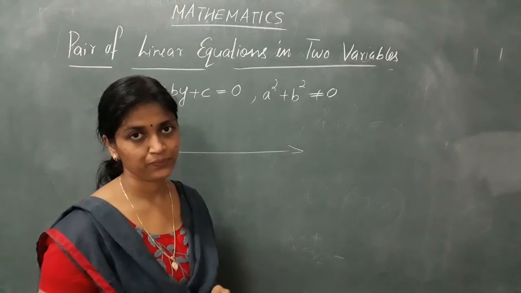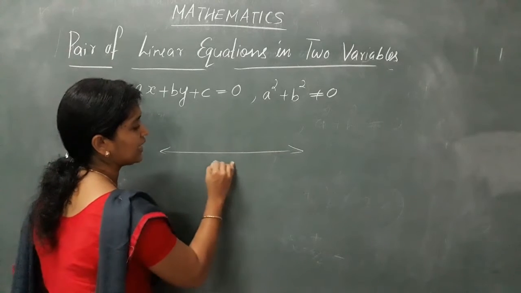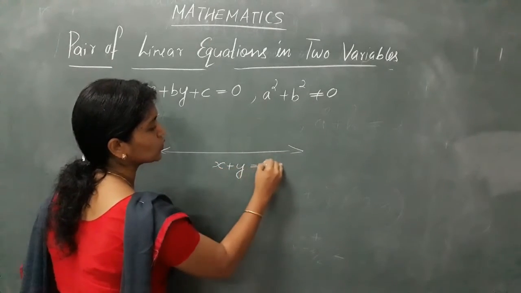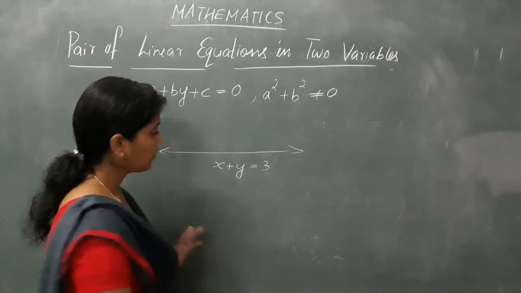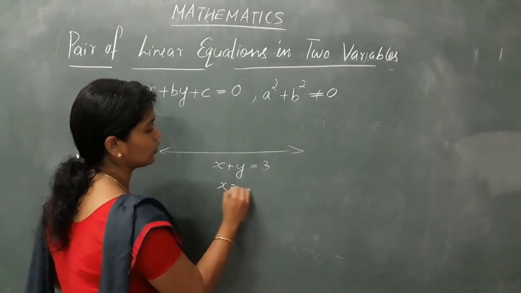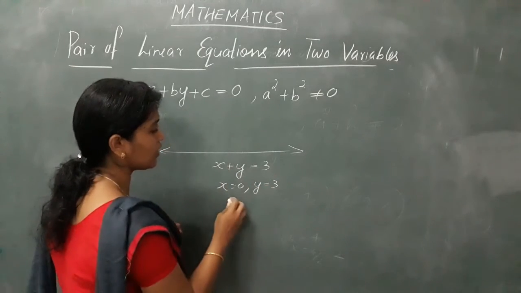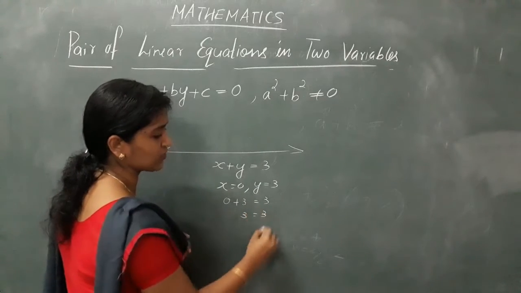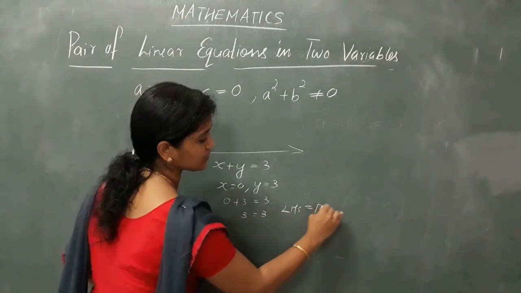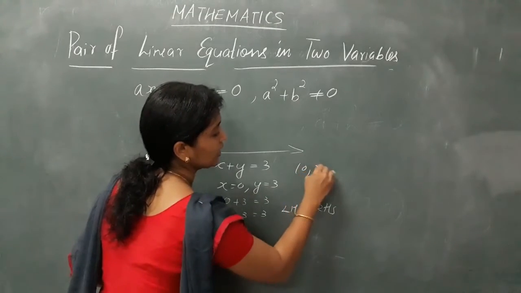And if you find a solution of a linear equation in 2 variables, it will be a point on the line. Clear? Now let me take a simple example: x plus y equal to 3. If I take x equal to 0 and y equal to 3 and substitute, I get 0 plus 3 equal to 3, so LHS equals RHS. So (0, 3) is a solution.